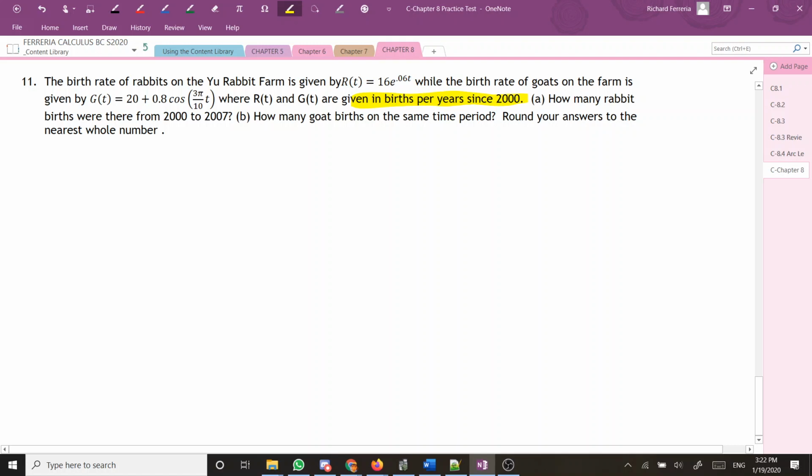So we want to go from births per year to the number of births.